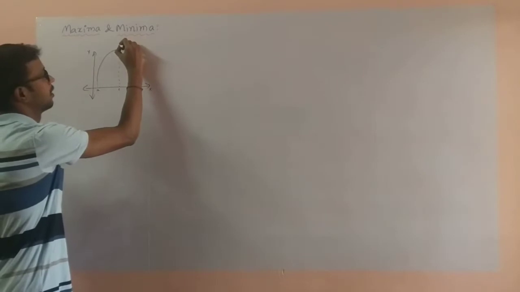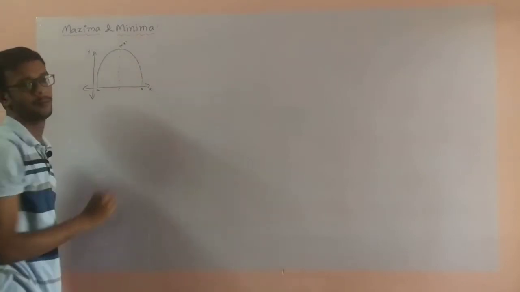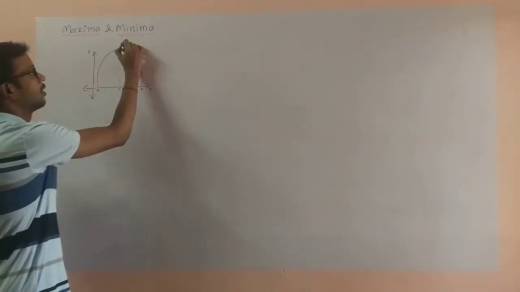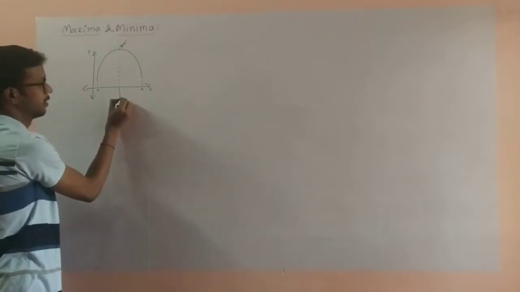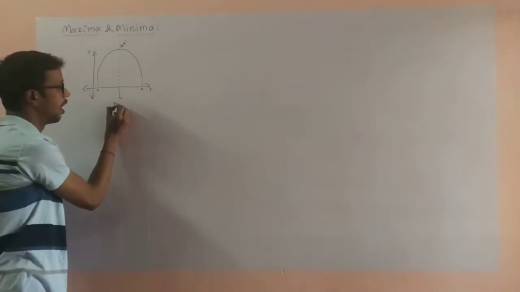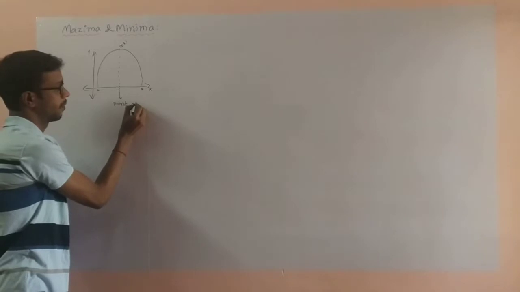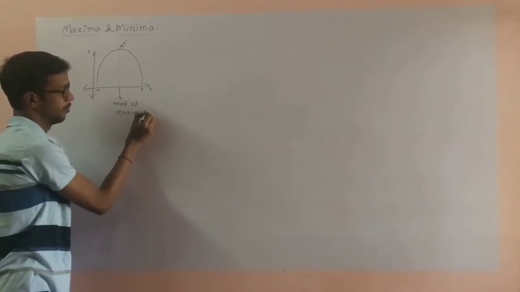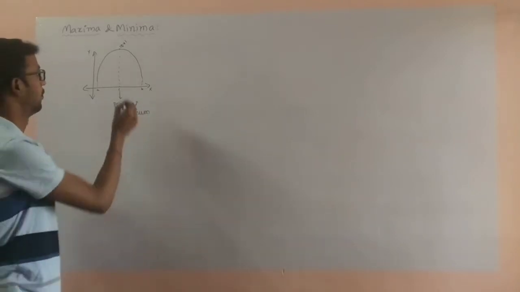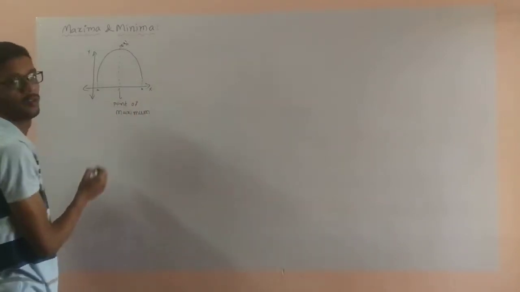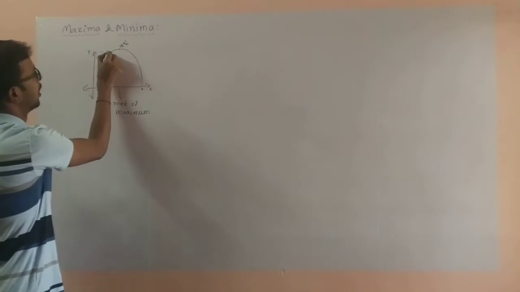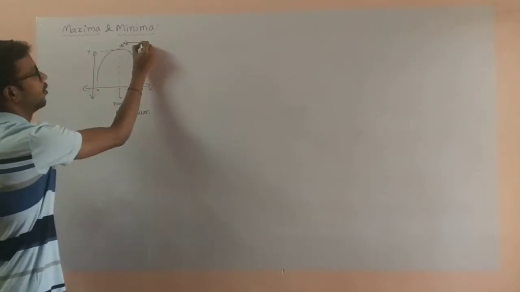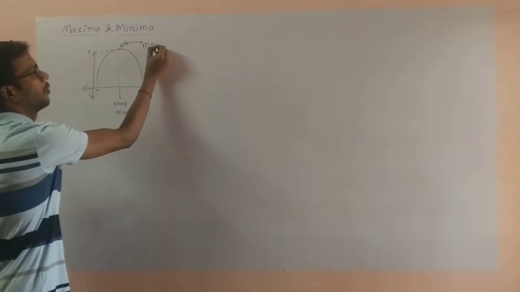For example, I am taking this point as x and y. The x coordinate is called the point of maximum. And the y value, this side you will get the y value, is called the maximum value.